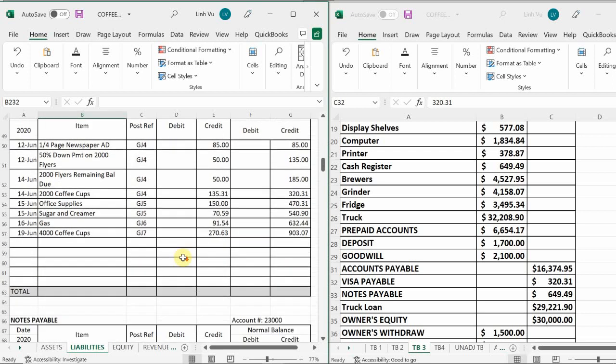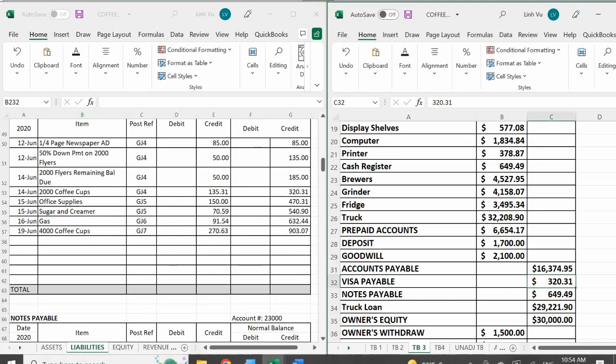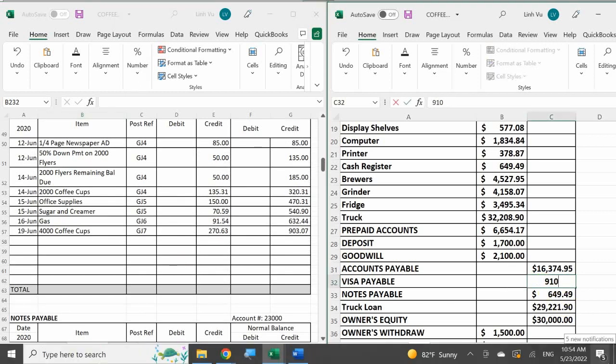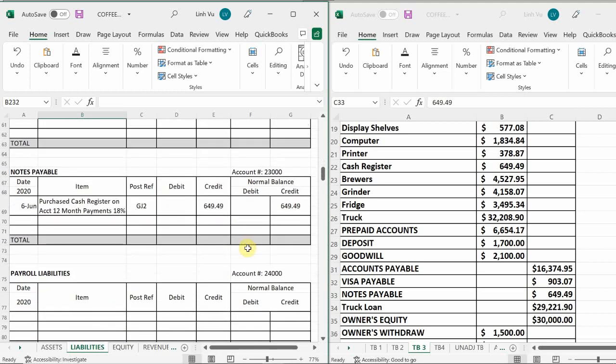How much do I owe on my Visa payable? 903.7 cents. Okay. What about my notes payable? 649, it's the same.